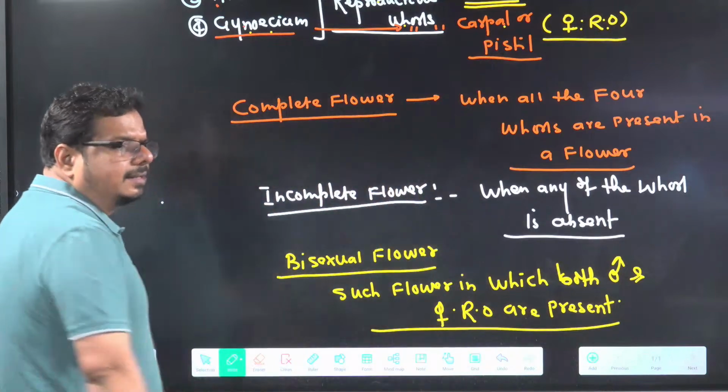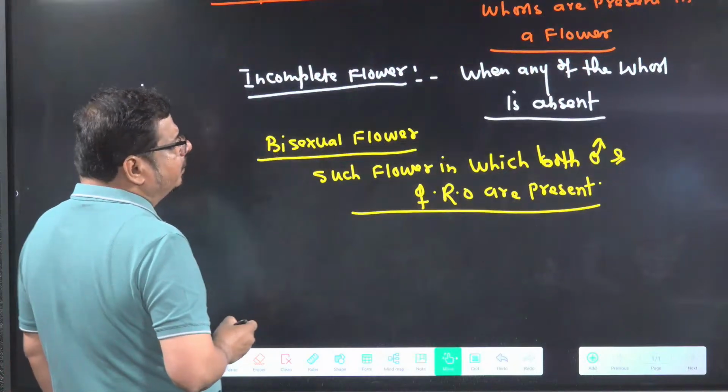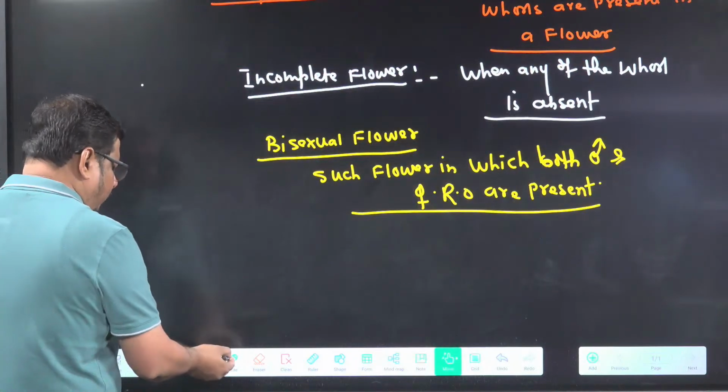Bisexual flower. Such a type of flower in which both male and female reproductive organs are present is called a bisexual flower.